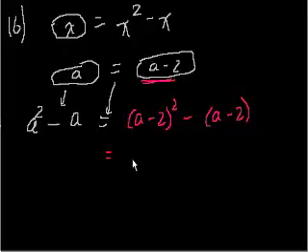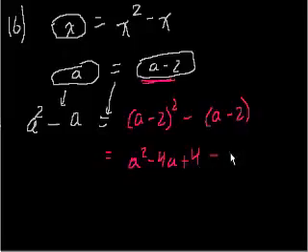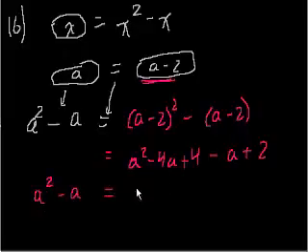So let's see, that equals a squared minus 4a plus 4 minus a plus 2. So we get a squared minus a is equal to a squared minus 5a plus 6, right? 4a minus a.